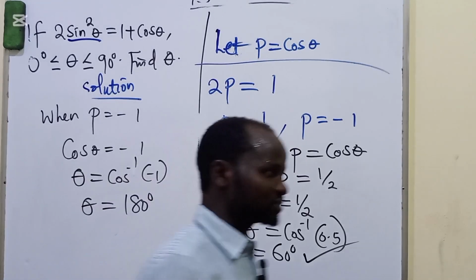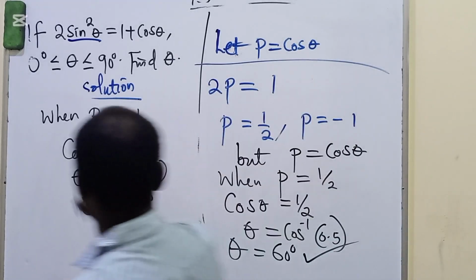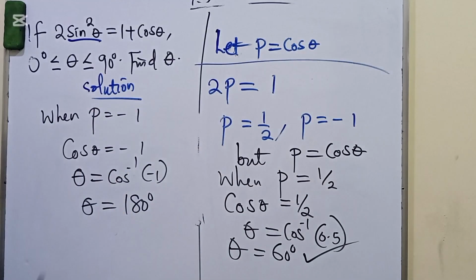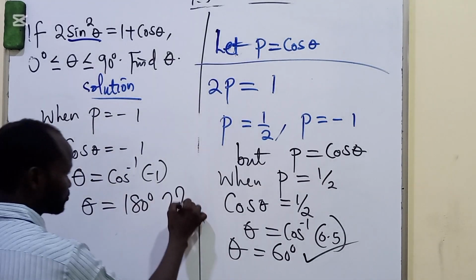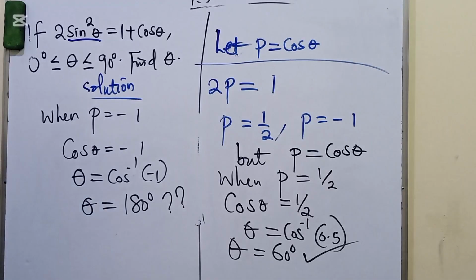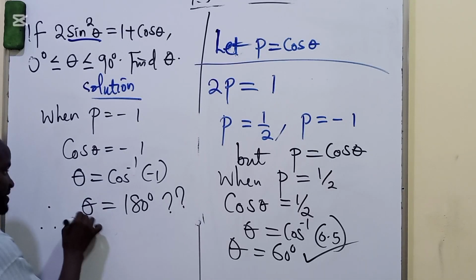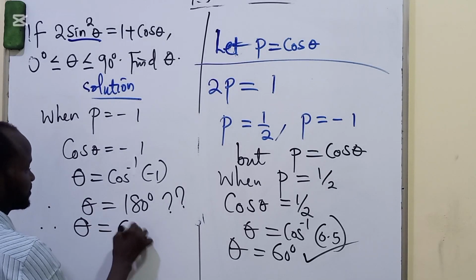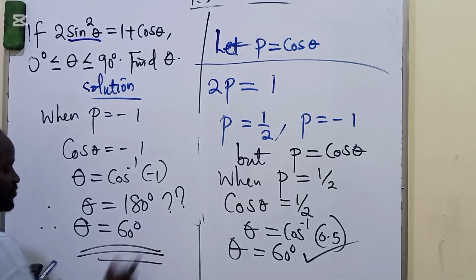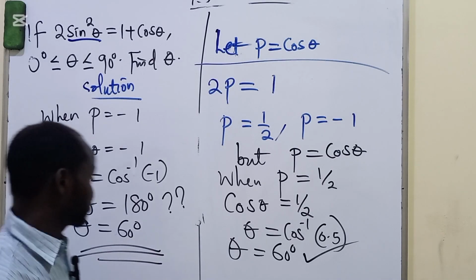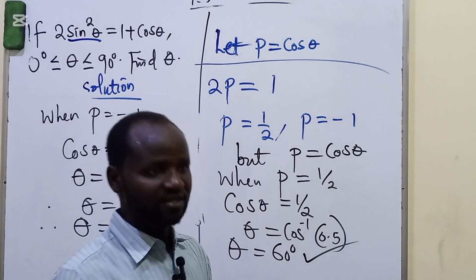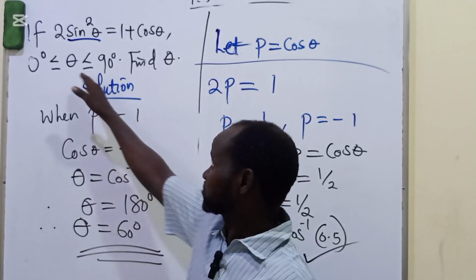The question you should ask: does 180 degrees fall between 0 and 90 degrees? No. So we say no to this solution. We conclude, therefore, that theta is nothing but 60 degrees. So this will be the solution to this question. Theta is 60 degrees, which satisfies this condition.